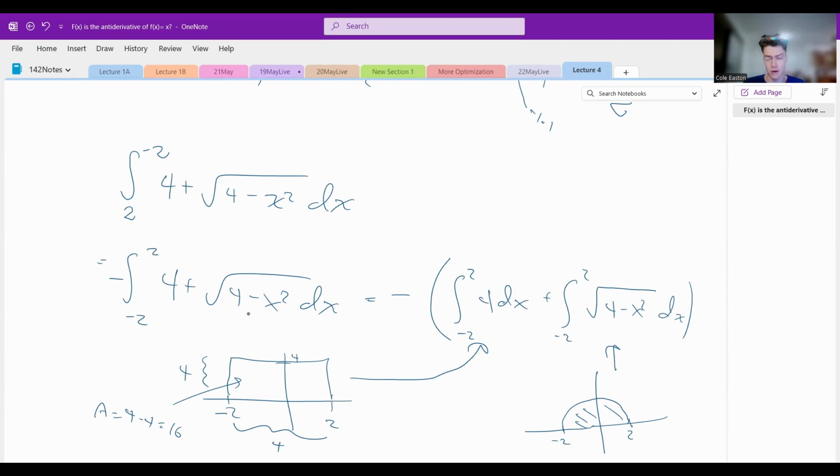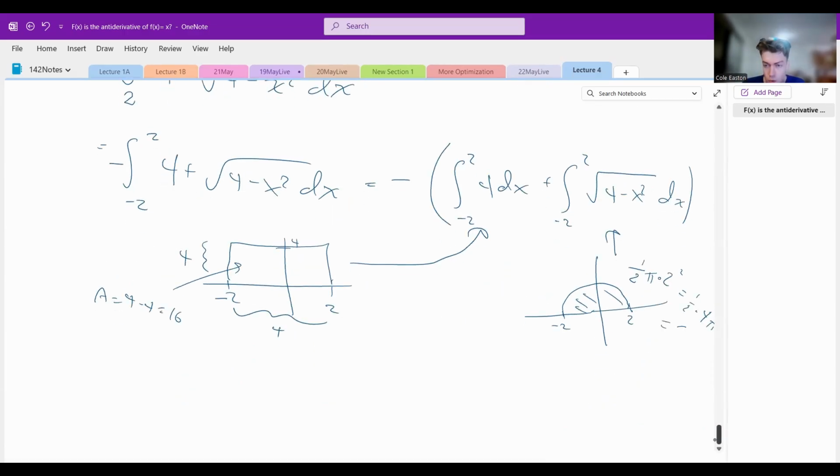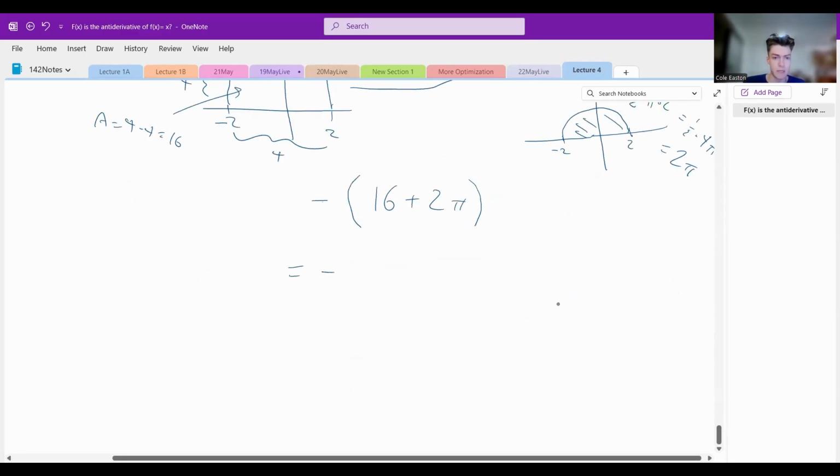Remember, the area of a circle is pi r squared, so we have pi times 2 squared, but it's only half of a circle, so it's 1/2 times 4 pi, which is 2 pi. So we have -(16 + 2 pi), which we could rewrite as -16 minus 2 pi.